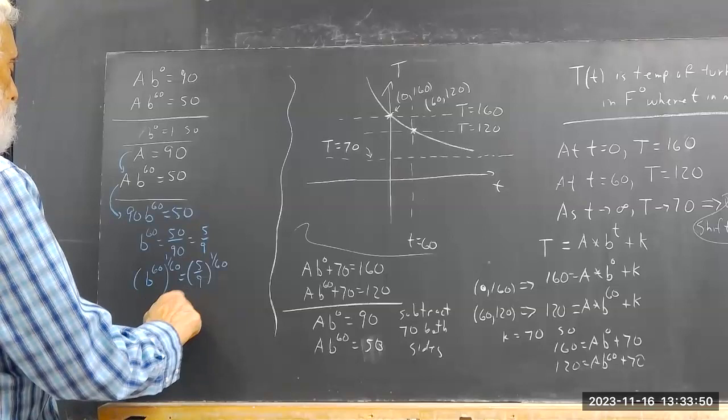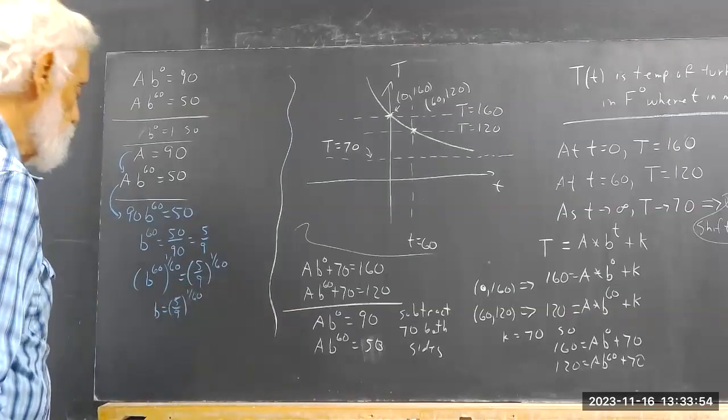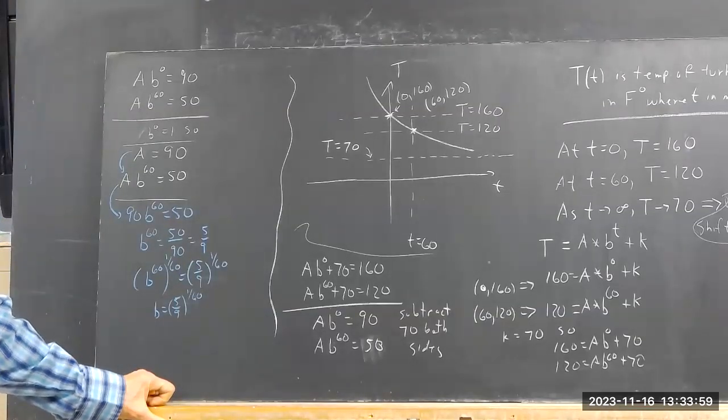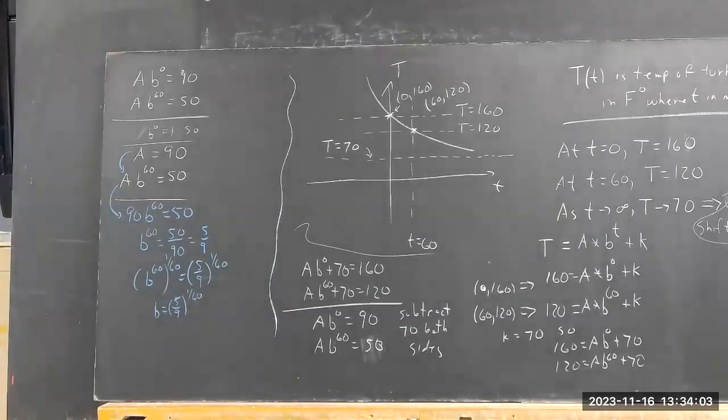So B equals the 1/60th power of 5/9. Take your calculator and you can calculate that. If somebody would do that, it would be great. Otherwise, I'm going to estimate it, and who knows what I'm going to get.